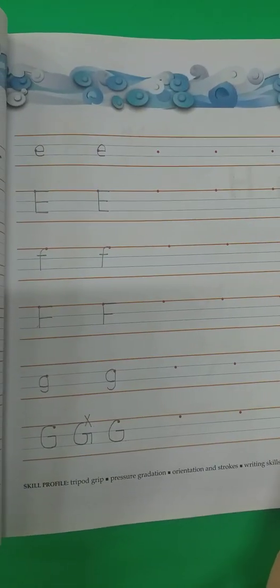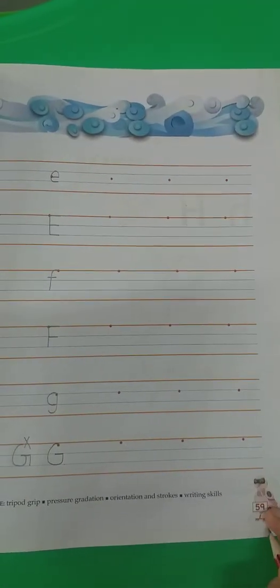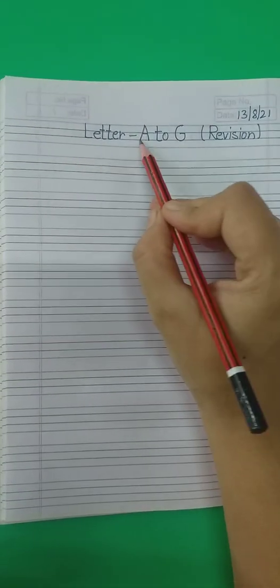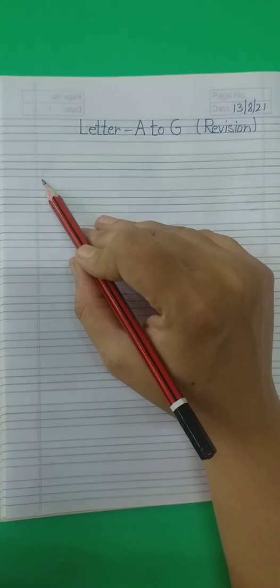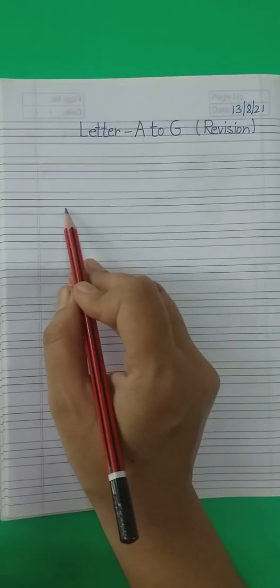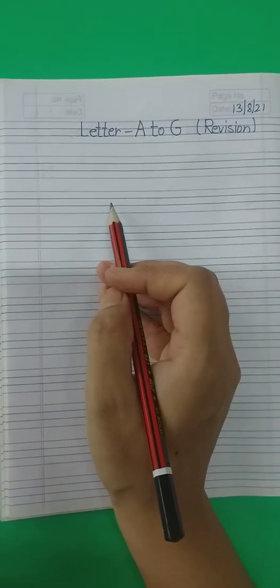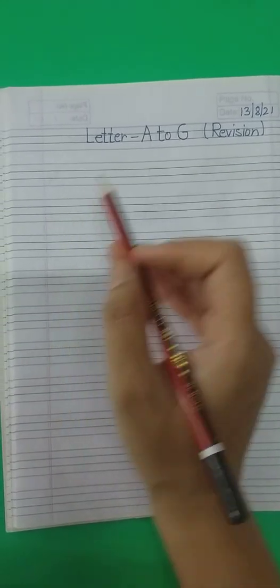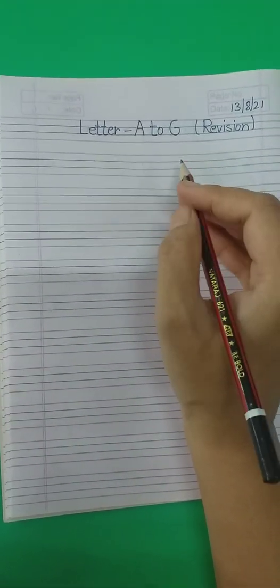Children, you have to do page number 58 and 59 in your literacy book, and then you have to write A to G in your English notebook. आपको A to G आपने कर लिया है, तो आज हम रिविजन कर रहे हैं ना, so you have to write A to G letters.